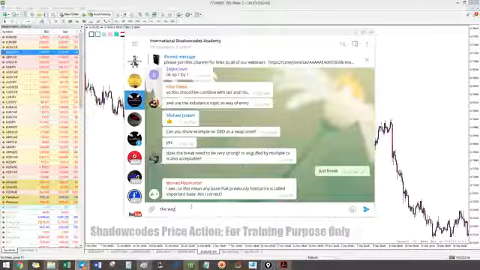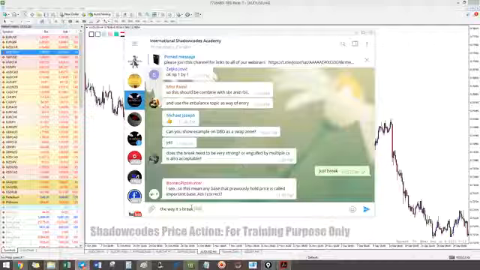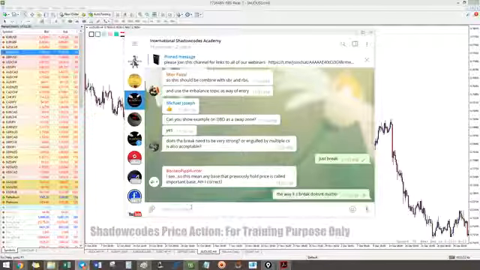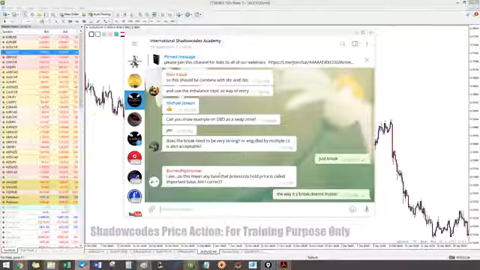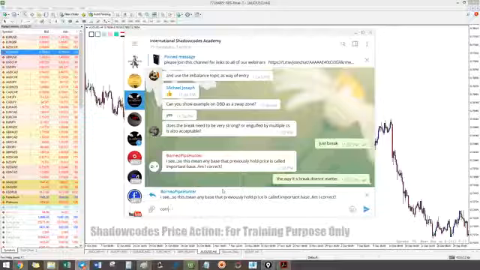The way it breaks doesn't matter. This means any base that previously held price is called an important base. Yes, correct.